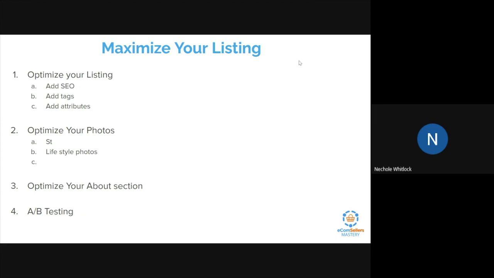So the attributes can of course be the color and the size, but there can be other things that make it come up as well. So pay attention to those other things, whether it be holiday related, or a secondary niche related.